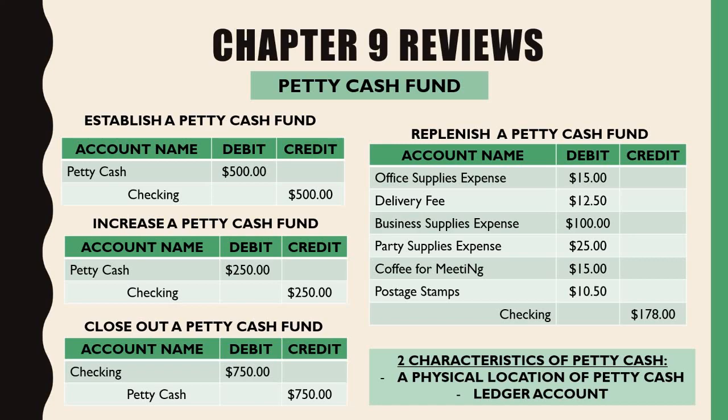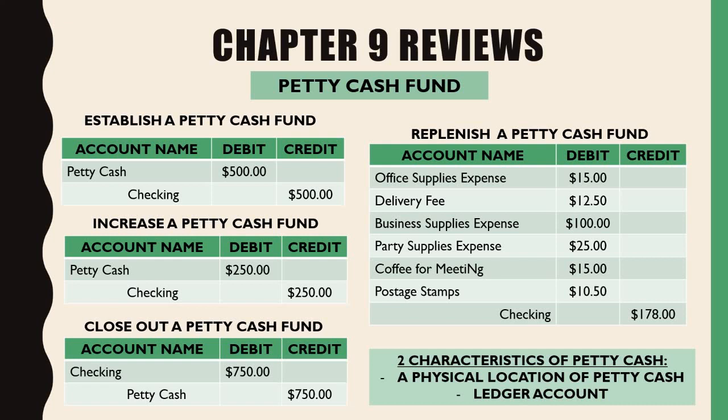Any questions in regards to chapter 9? This is what we did. So we talked about petty cash and what it's meant to do. So again, I taught you how to establish a petty cash fund, how to increase. Again, increase and decrease are more or less the same aspect, except in reverse. And then last but not least, how to close out the petty cash drawer.